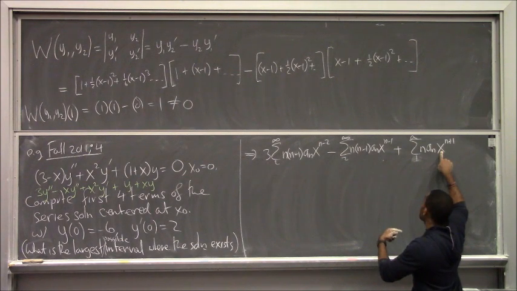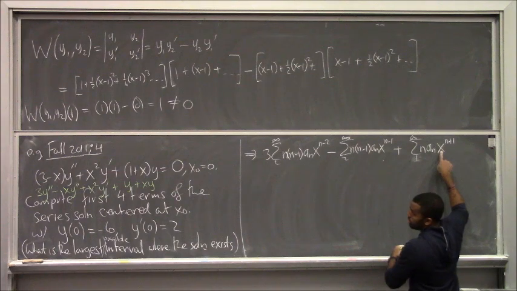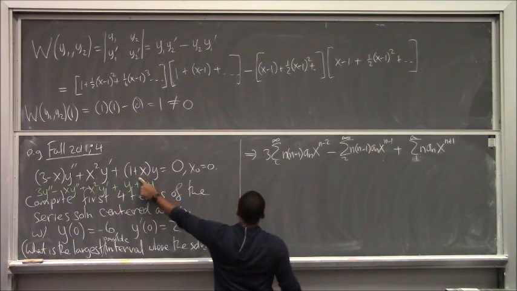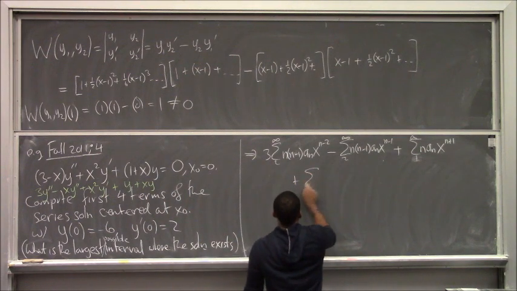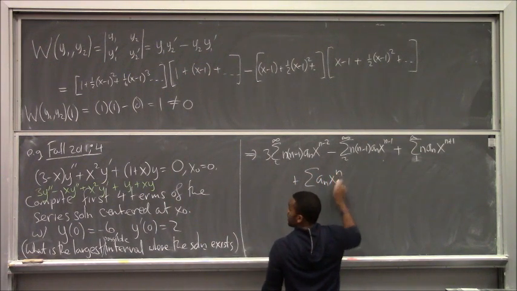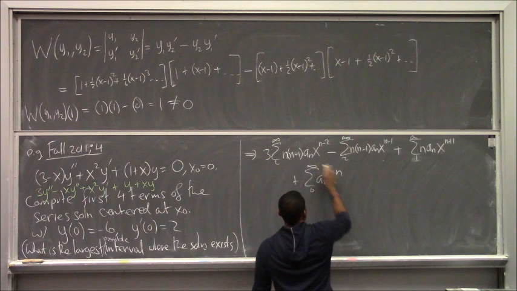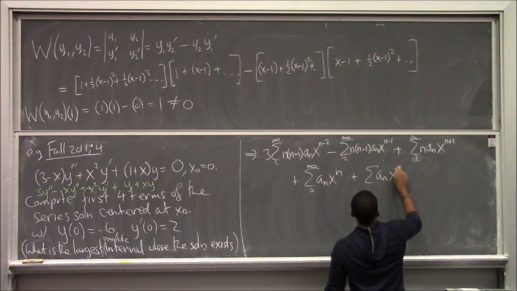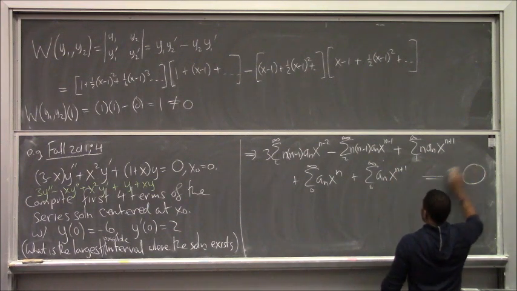So the power becomes n minus 1 plus 2, which is n plus 1. So that's this guy. This guy is just going to be y, a n x to the n starting at 0, plus a n x to the n plus 1, starting at 0. All of that equals 0.